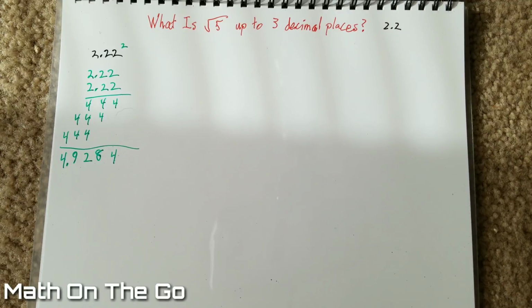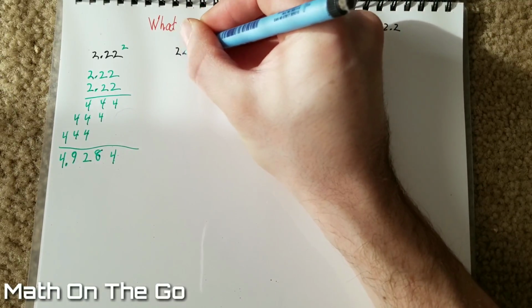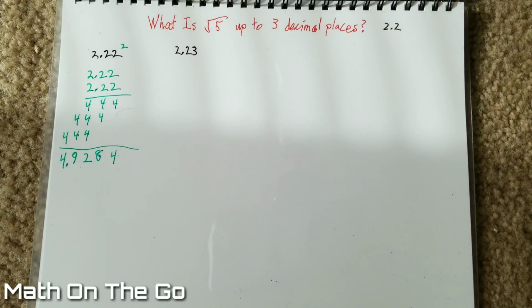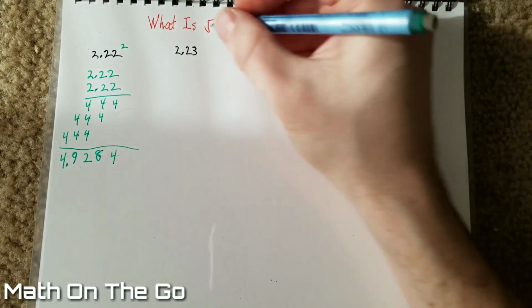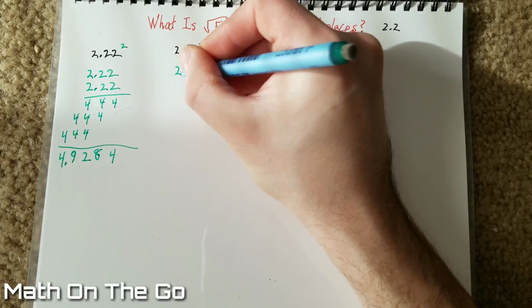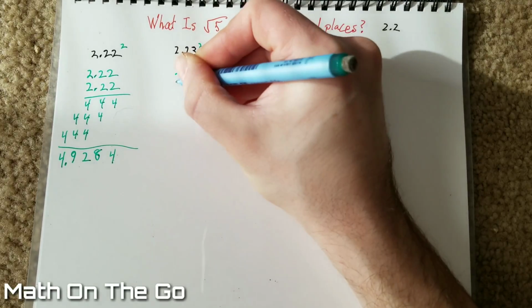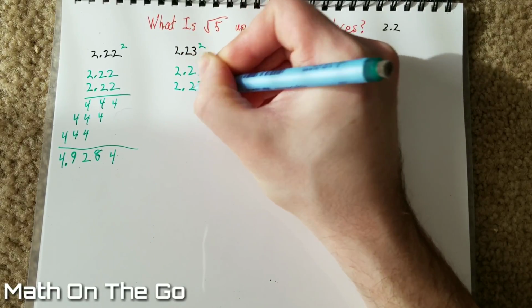Let's see what happens if we do 2.23. We'll square that. So we have 2.23 times 2.23.